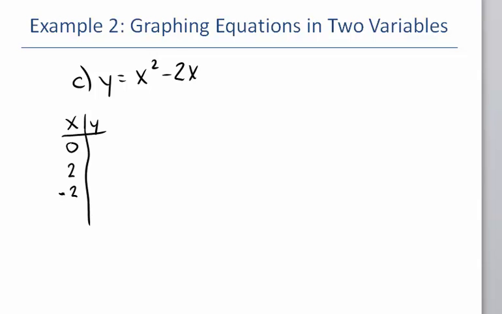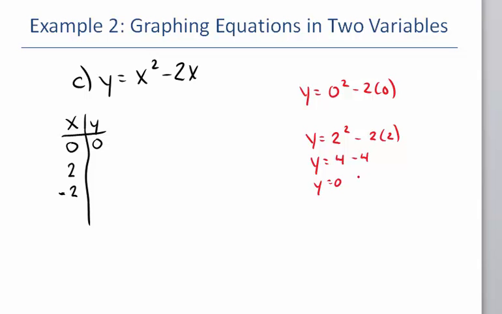All right, so when I plug 0 into my function, you can see that it zeroes out completely. So that's an easy one. All right, let's try plugging a 2 into our function. So 2 squared minus 2 times 2. So y is equal to 4 minus 4.